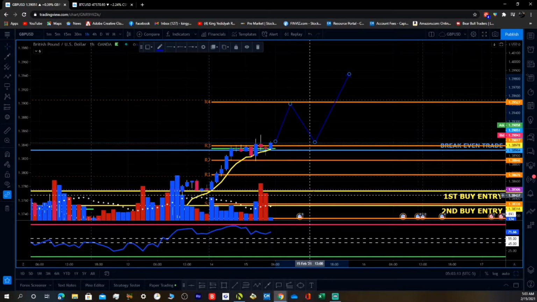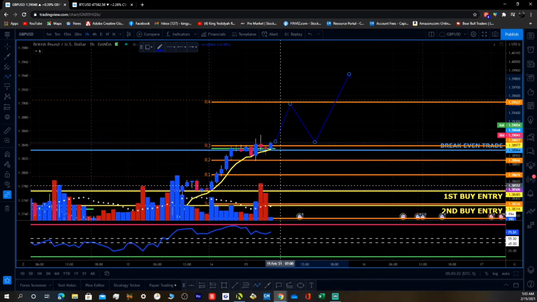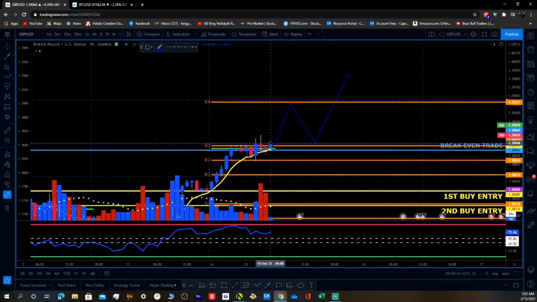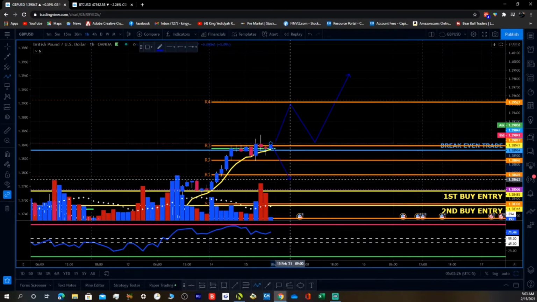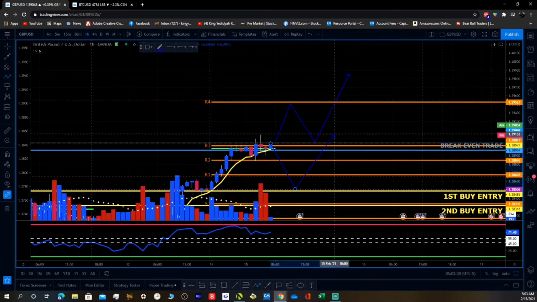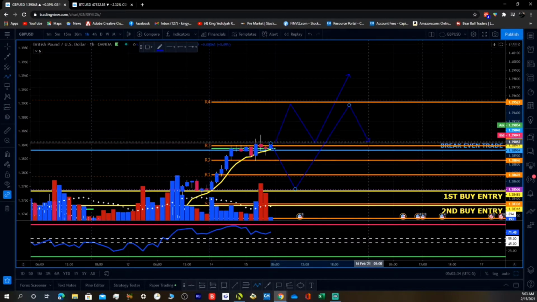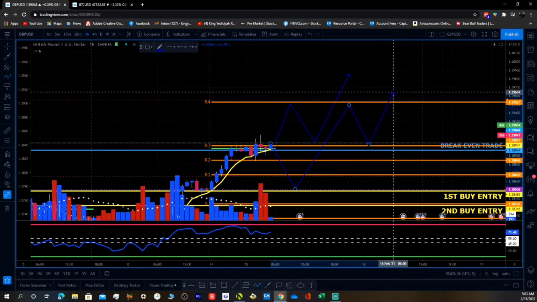Now, my plan is, that's if it holds this area, because we could also do something like this. We could also pull back here, then push up, retest, and then push up.